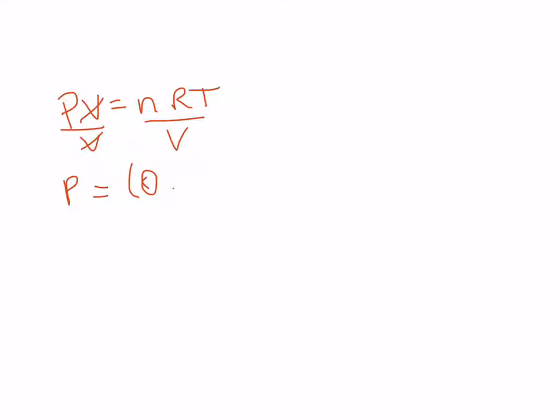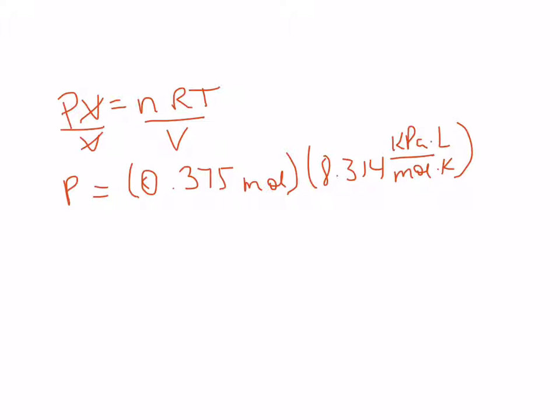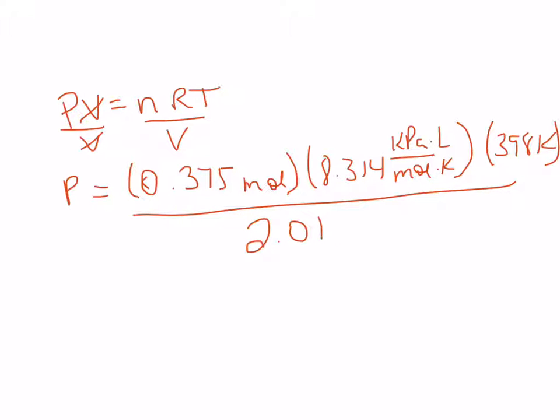We just calculated that we had 0.375 moles. Our R value is 8.314 kilopascal liters over moles Kelvin. Our temperature is 398 Kelvin, all over our 2 liters.